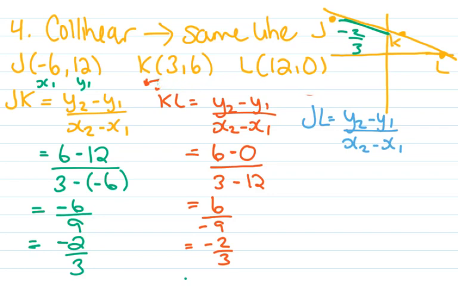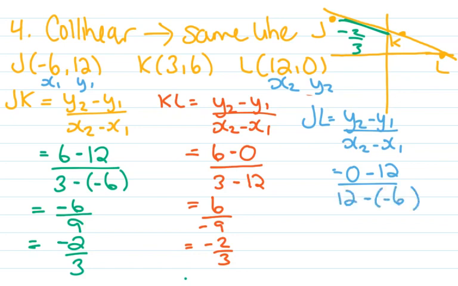Let's get rid of these for a minute. So x1, y1, x2, y2. y2 is 0 minus y1, which is 12. x2 is 12 minus x1, which is -6.